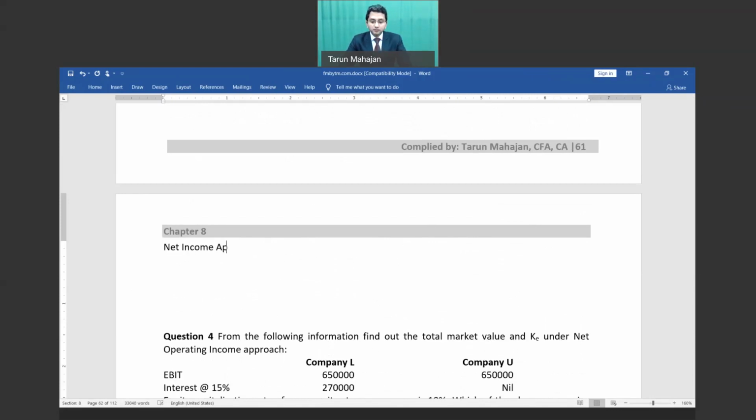Net income approach, and this net income approach is without tax. That's the basic assumption of the NI approach, that there is no income tax. WACC, when I say WACC, I mean weighted average cost of capital.